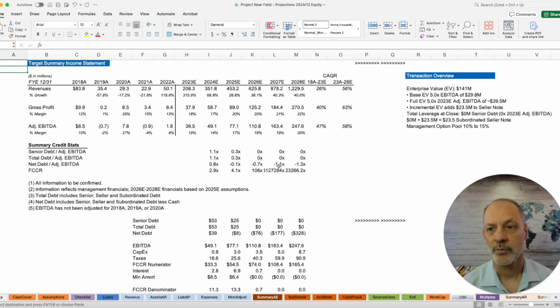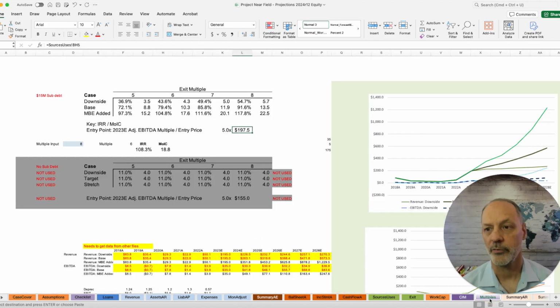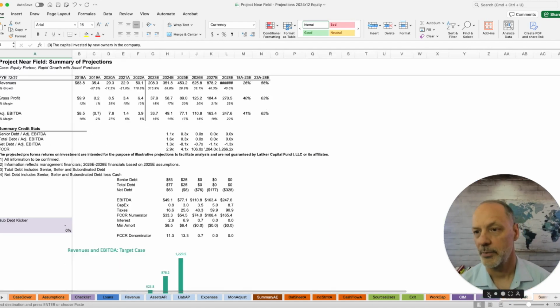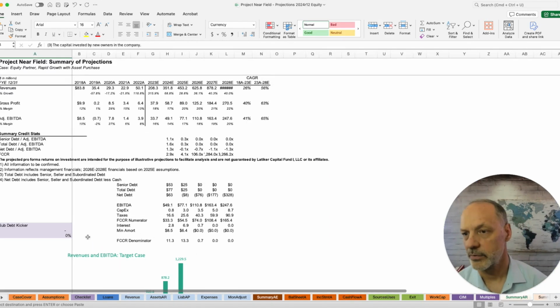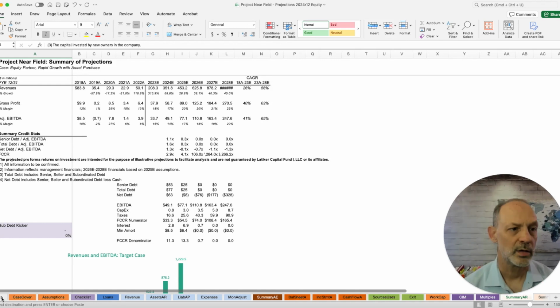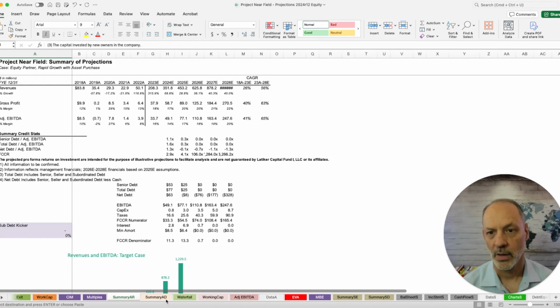We're looking at working capital. These are some tables that we cut and paste into the confidential information memorandum for a PE deal. We've got accounts receivable summaries and a bunch more tabs here.